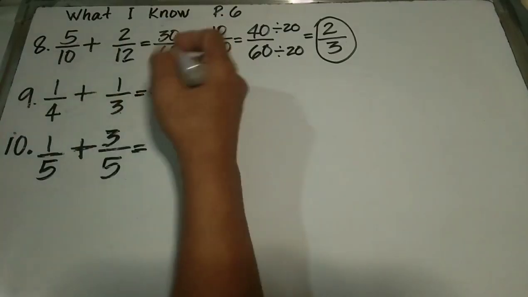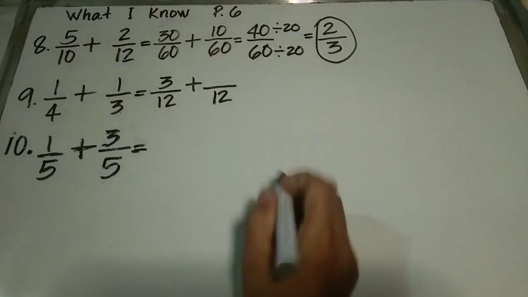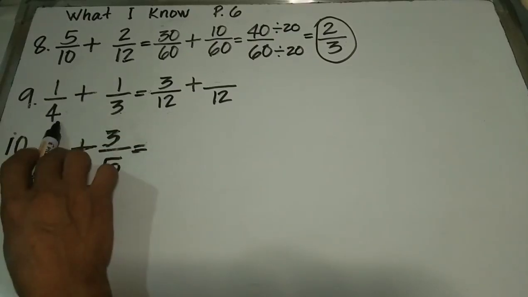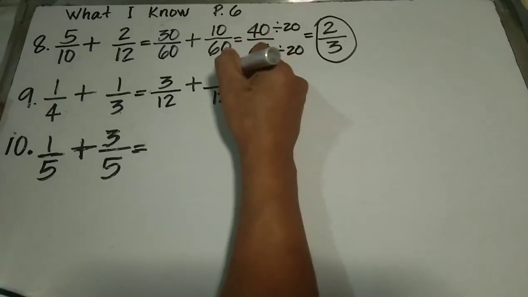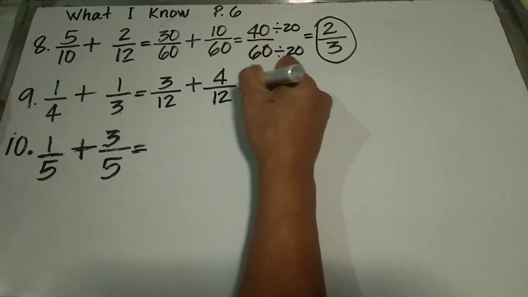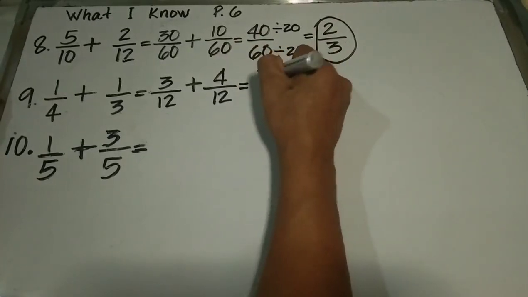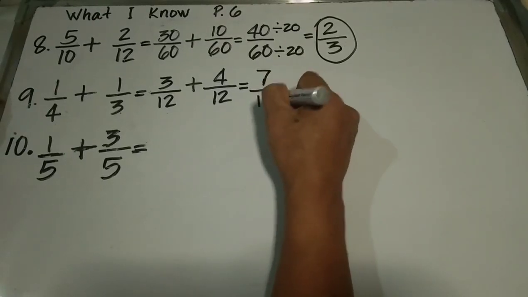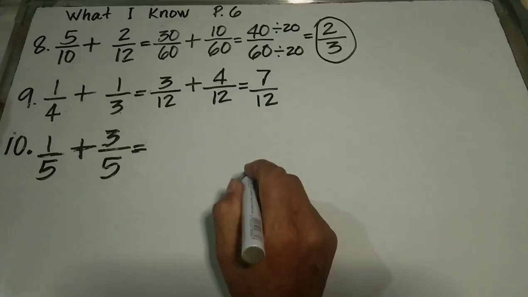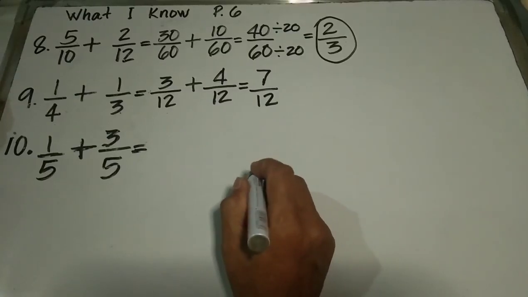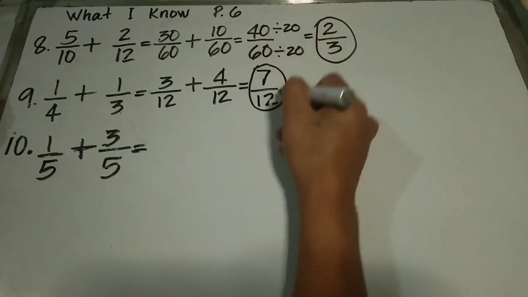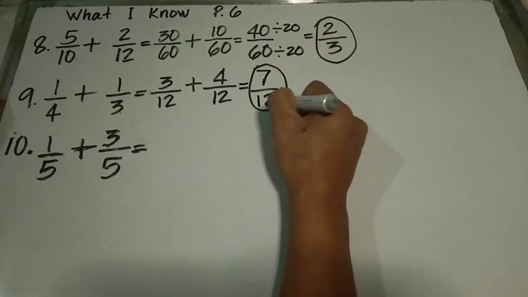So 3 times 1 will give us 3. 12 divided by 3, we have 4. 4 times 1, we have 4. So we will add, 7 over 12, which is the denominator. Okay. 7 is a prime number, so we can no longer reduce the fraction because this is now in the lowest term.